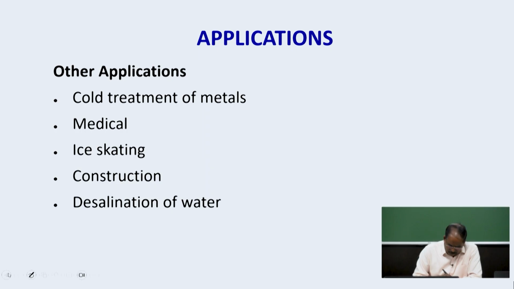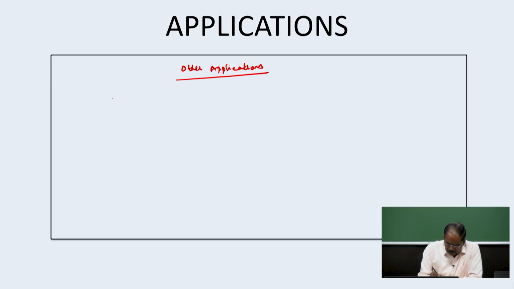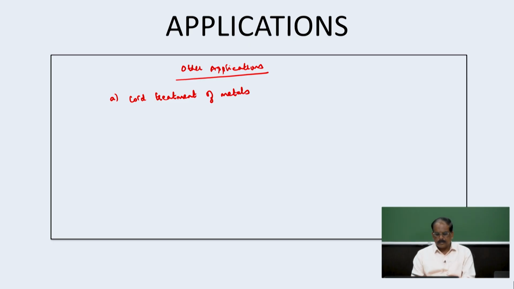So here, the first one is cold treatment of metals. Cold treatment is nothing but exposing the metals to sub-zero temperature or negative temperature, that is, below 0 degrees centigrade, normally in the temperature range from -75 to -85 or -90.